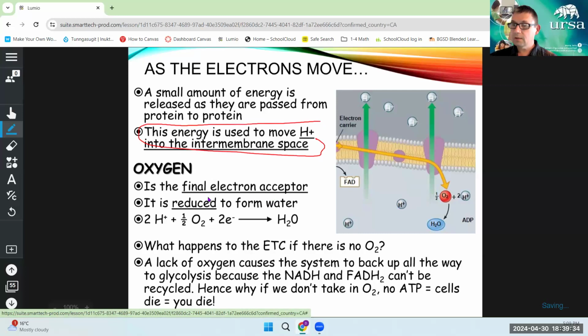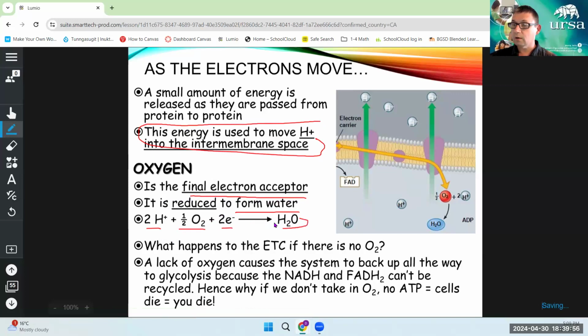Why is that important? Because we now need to do something with oxygen. Oxygen is the final electron acceptor and gets reduced to form water. We need oxygen. So these hydrogen ions combine with oxygen and electrons to produce water.